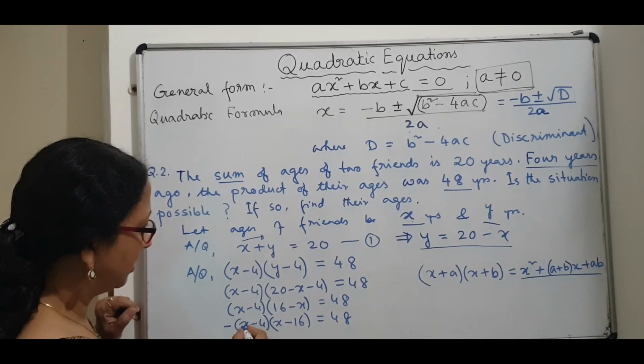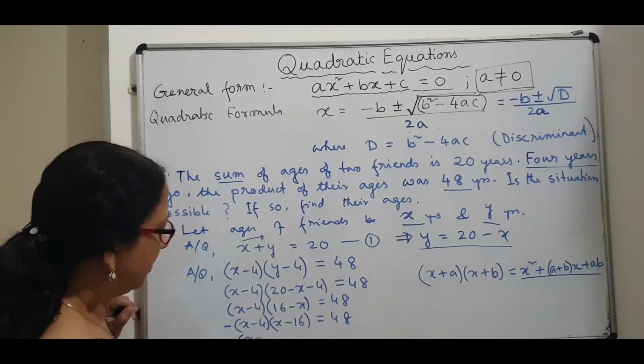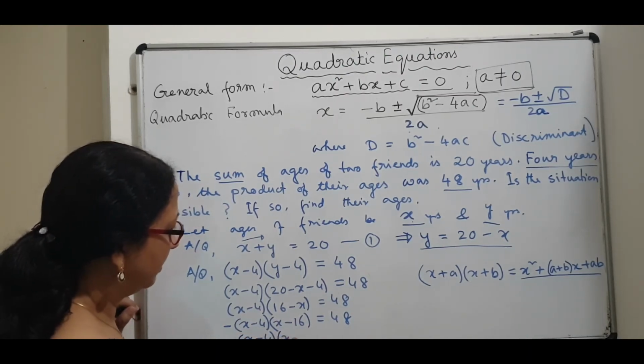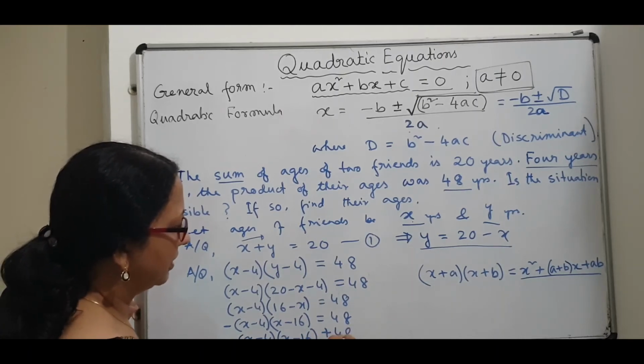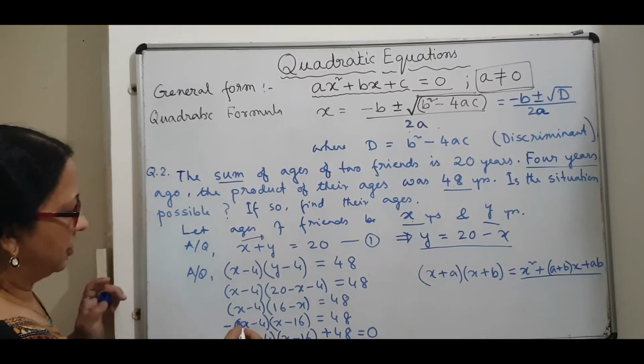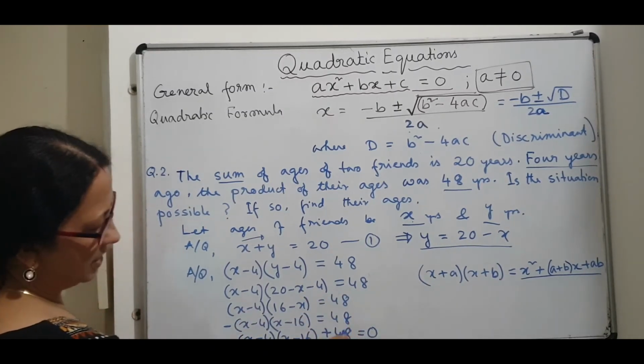So it will become plus (x minus 4)(x minus 16) plus 48 is equal to 0. Because 48 is going to that side, it remains on the same side, so it is plus.